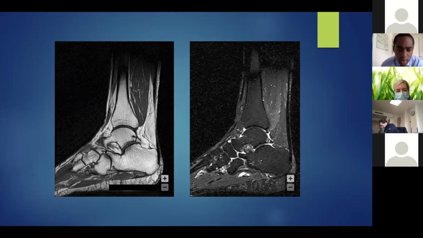And then posterior, there's sort of like an os. What do you see around that os? Some inflammation. It looks like there's a bit of a fracture. Yeah, you can see there's definitely a line here, but there's also fluid around it and across it.